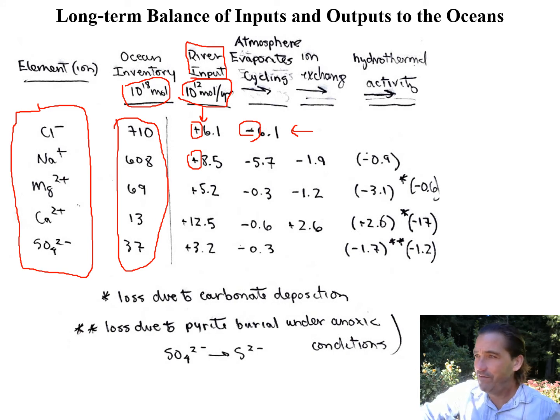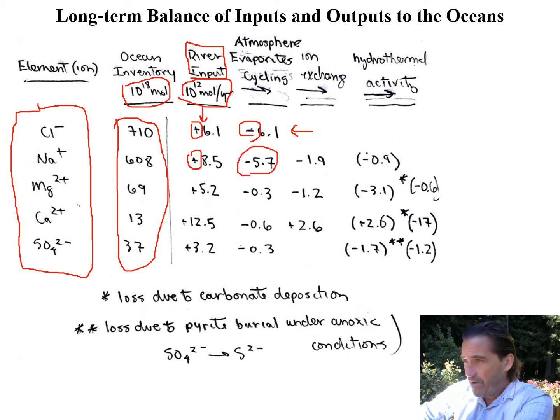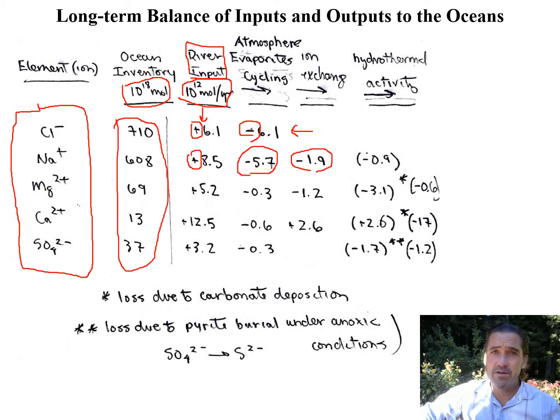But again, because of the small flux relative to the large inventory, this cycle takes hundreds of millions of years. We have sodium, which also depends upon sea spray, but also through ion exchange with the sediments. These sediments sometimes get reburied, get subducted, and that is a part of the sodium cycle.